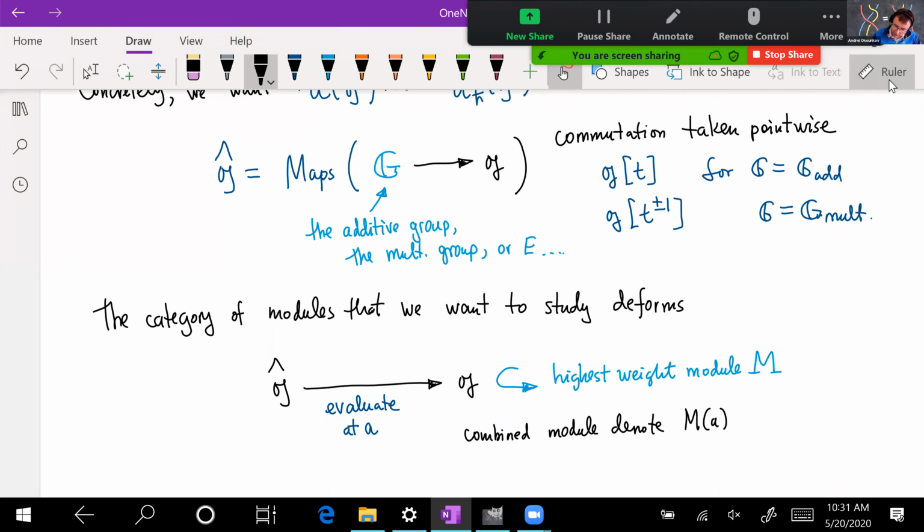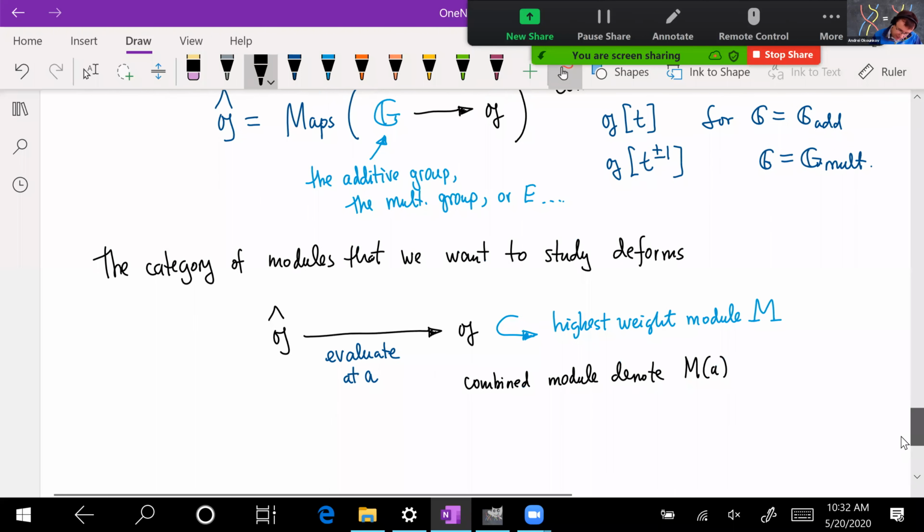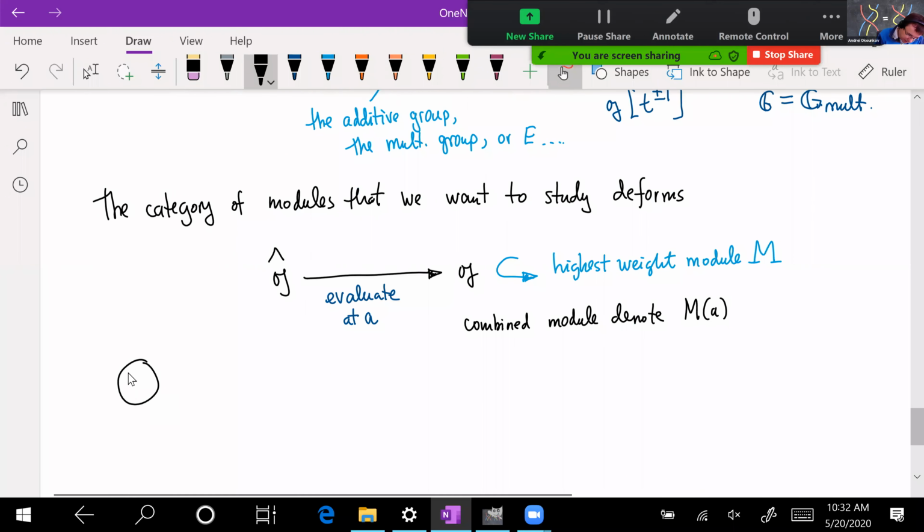Makes sense. And so then the category we want to study are just finite tensor products of M_i taken at the points a_i. And it's clear that different points just don't talk to each other at all.